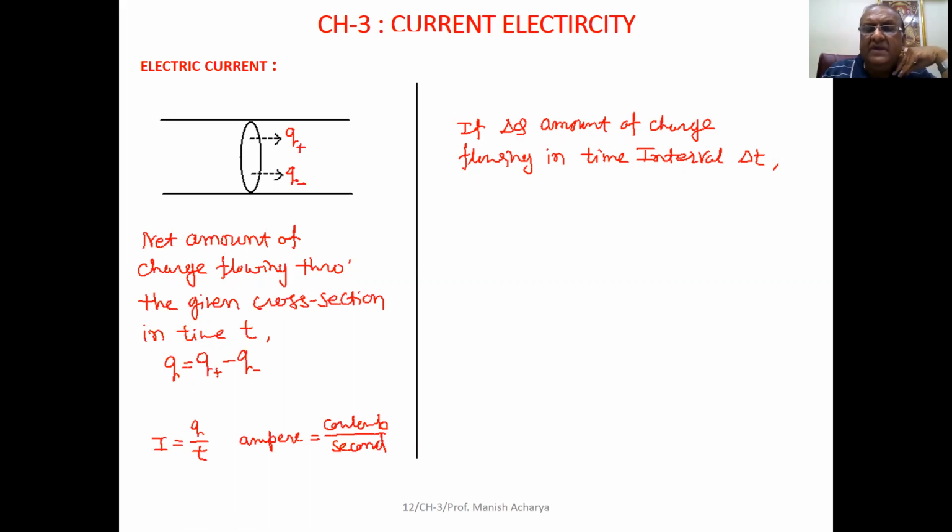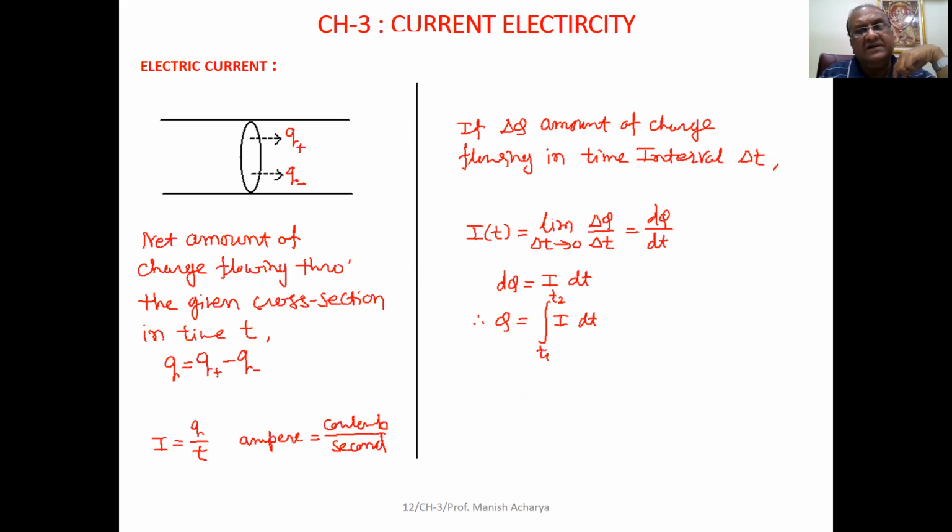Then the instantaneous current at that instant equals the limit as delta t tends to 0 of delta Q by delta t, or dq by dt.